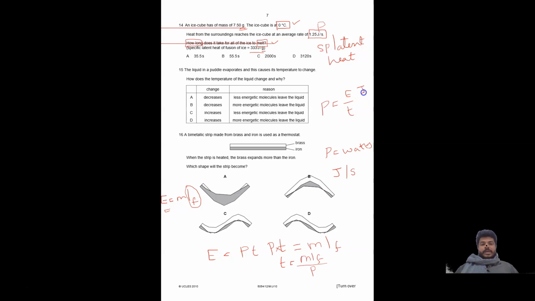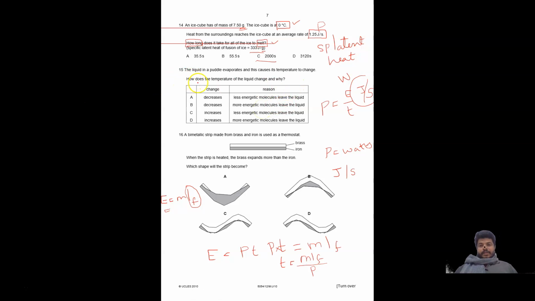Energy is measured in joules, division is per, and time is measured in seconds. So the equivalent unit of watts is joule per second. Both are the same, right? So here the answer is C. You can use a calculator to do the question.